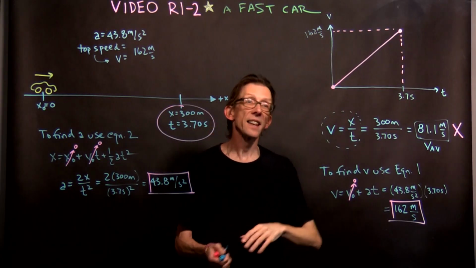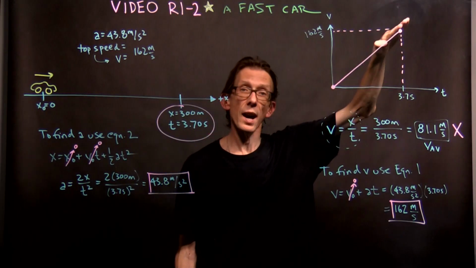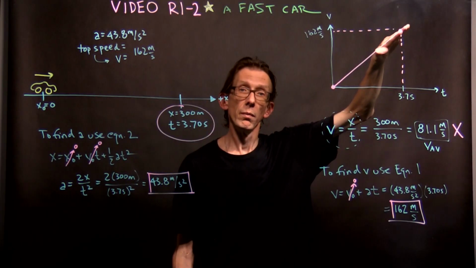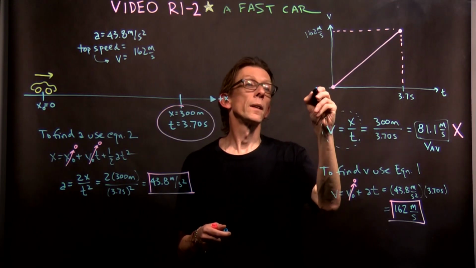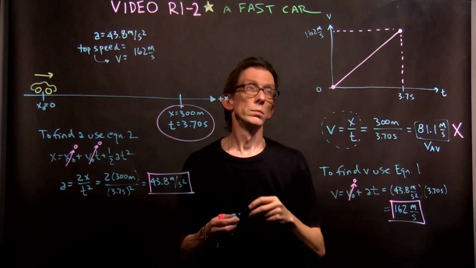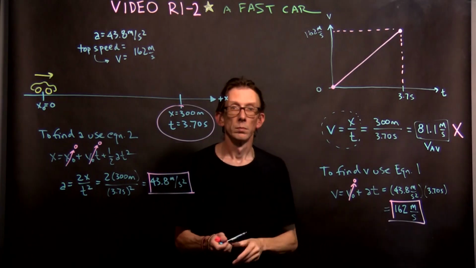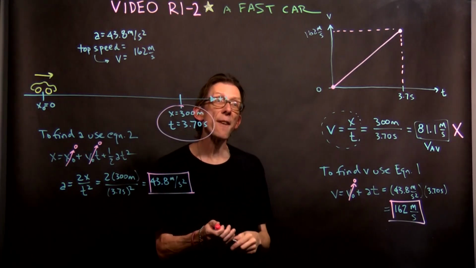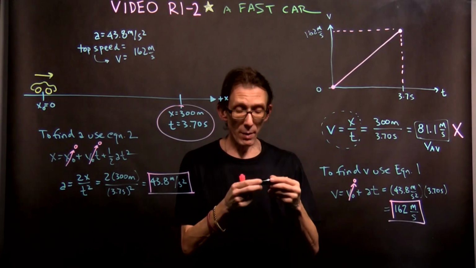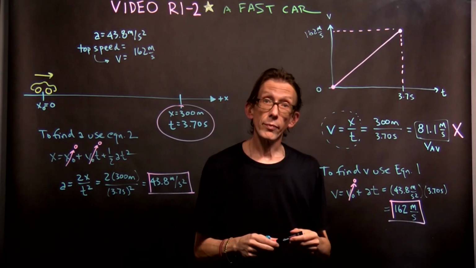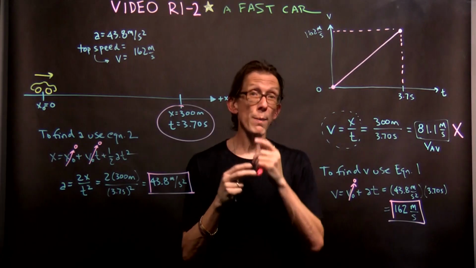Your velocity has increased steadily the entire time. Notice that when you started here, your velocity was 0. What's the average of the final and 0? It's the midpoint, right? The average of two numbers is the number right between them.